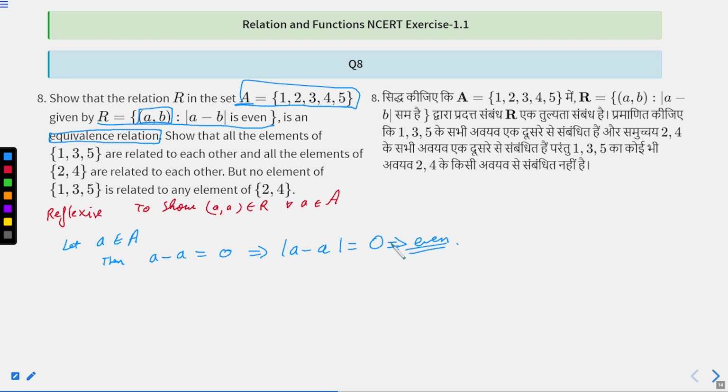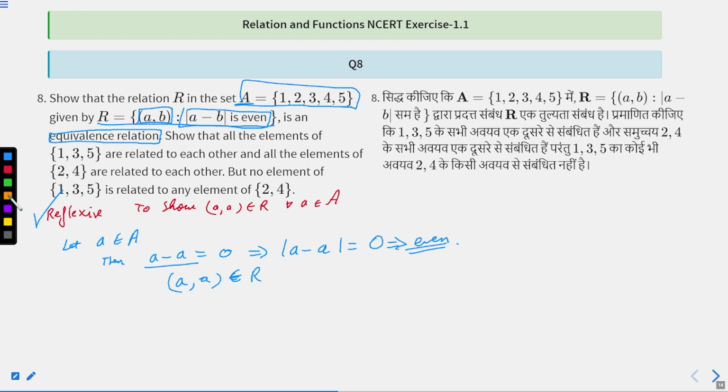So I showed that it is reflexive, because A minus A equals 0 and 0 is even. So (A, A) belongs to the relation R, as the modulus of A minus A is even.